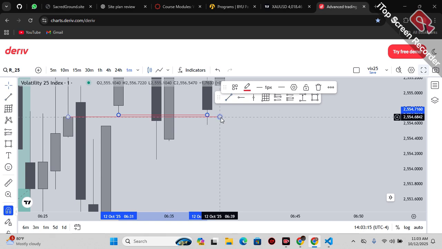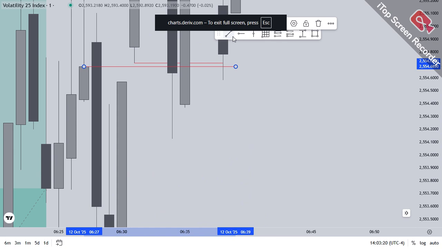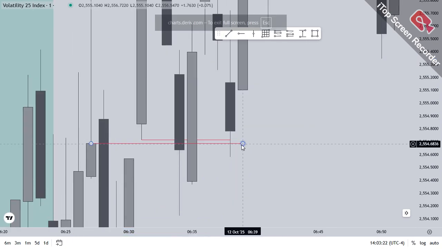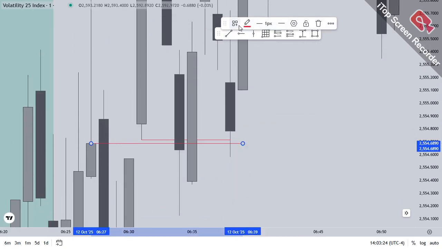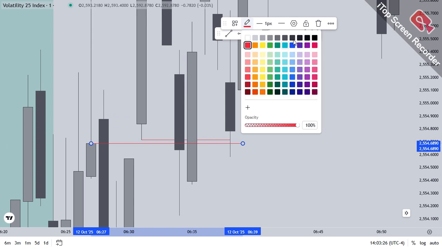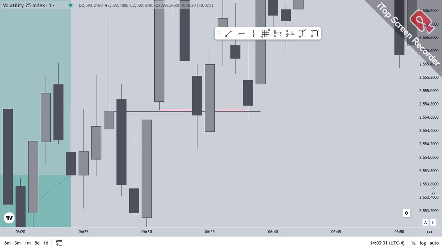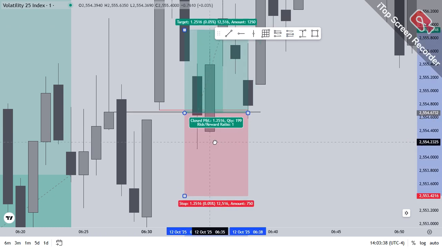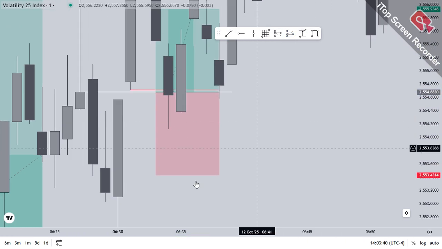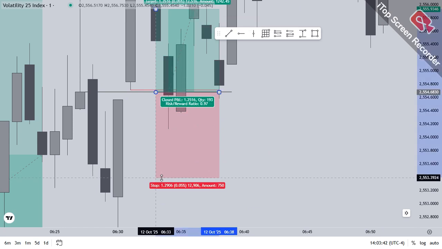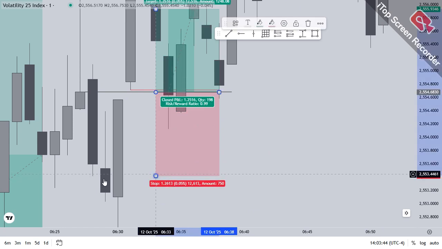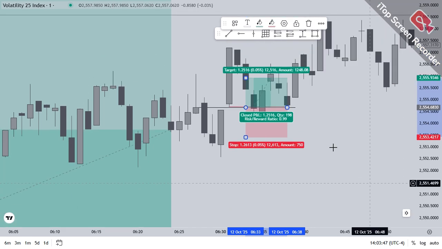So this liquidity was closer to the A-shaped zone. Okay, so my entry would have been here, then stop loss around this particular candle low here, right?